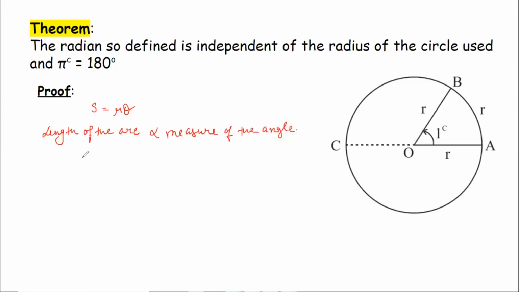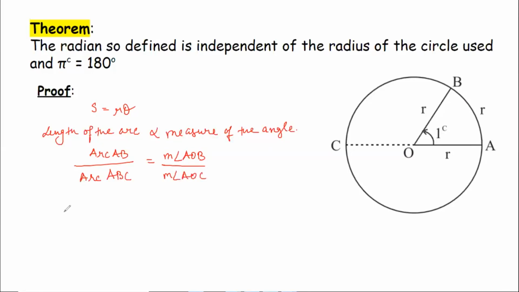So can I say, for example, arc AB upon arc ABC, I can take ratios of two arcs, and similarly on the right hand side of the equal to part, I'll take ratios of their subtended angles as well. So that will be measure angle AOB upon measure angle AOC. Okay, so this is what we get.